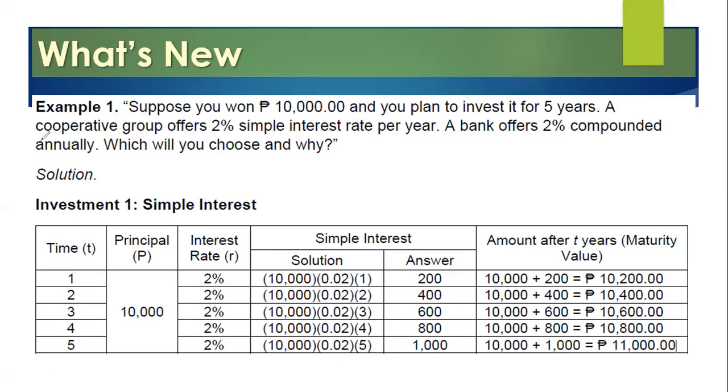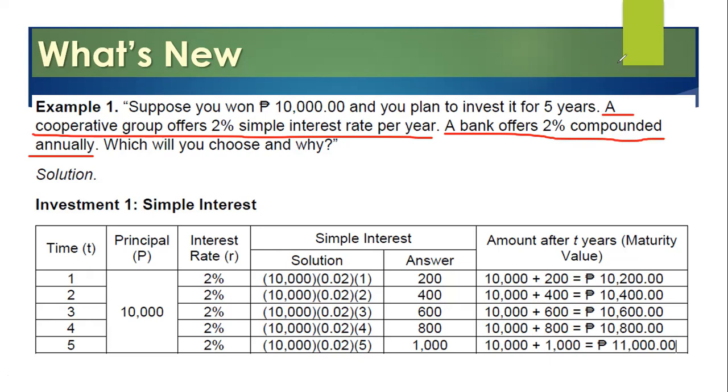Yung isa, cooperative group, offers 2% simple interest rate per year. Yung isa naman, bangko, nag-offer ng 2% same rate of interest pero compounded annually. So, may dalawa kang option, simple interest or compound interest. Saan ka kaya dapat mag-invest?